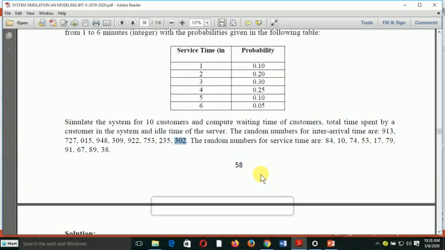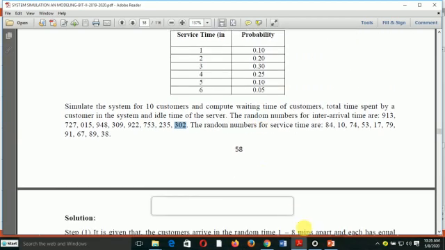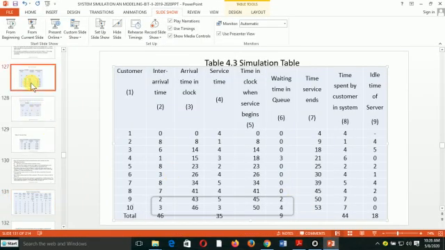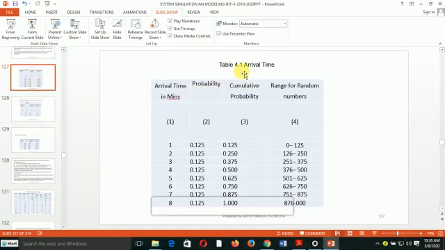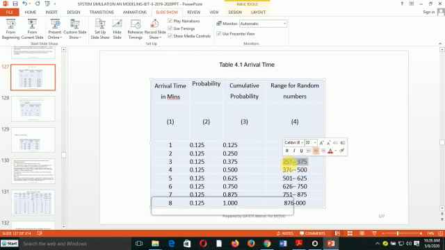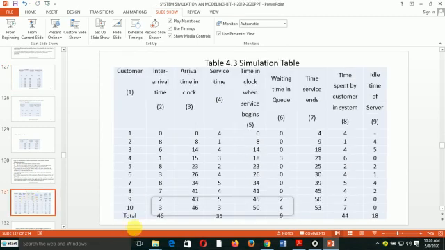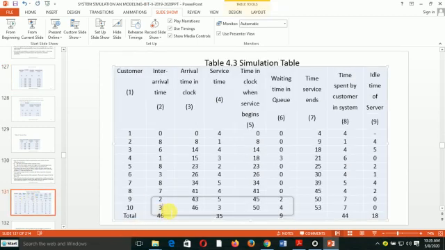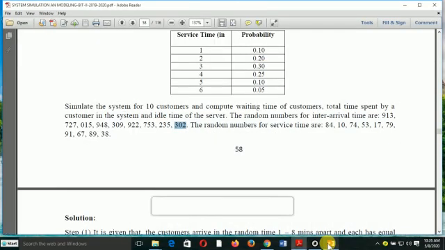I compare it to table 4.1, and 302 falls here, so the corresponding value is 3. This is okay. You have to proceed like this for all the values. Then this step is done.